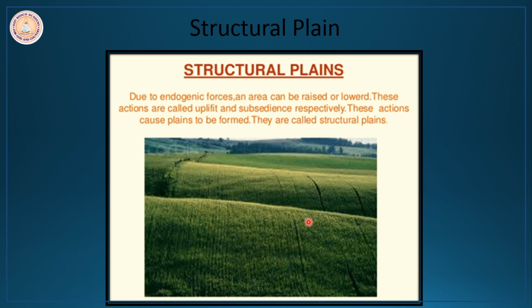However, there are structural plains which have also been formed due to depression of extensive lowlands. The Siberian plain in northern part of Asia and the Great Plains of central part of North America have been formed due to the depression of extensive lowlands.